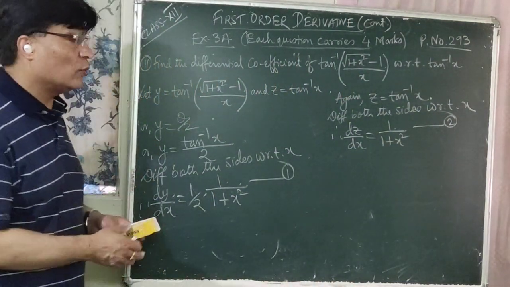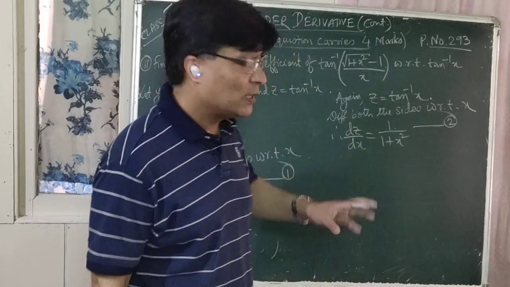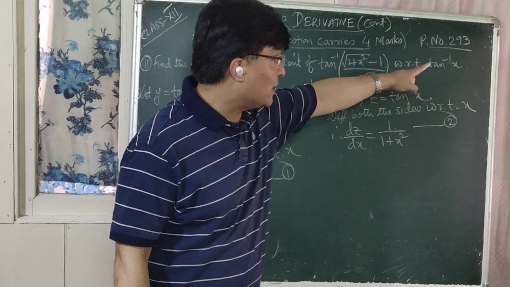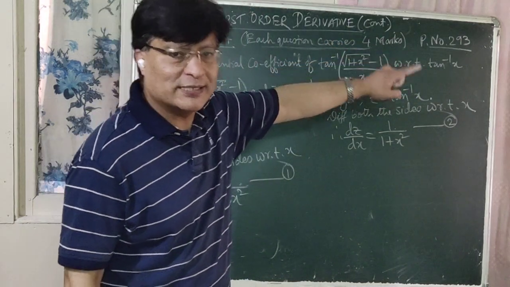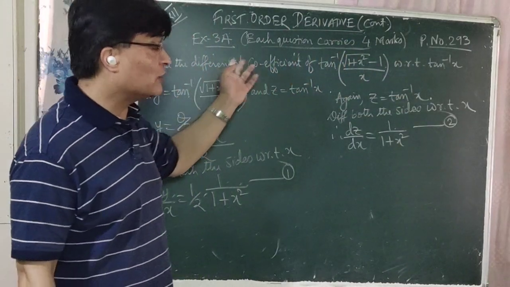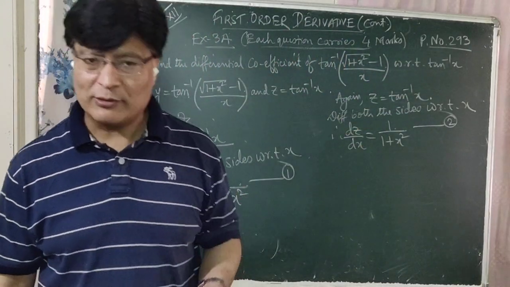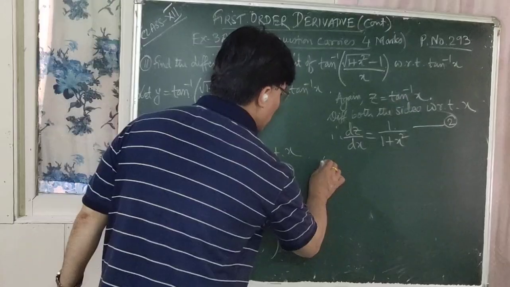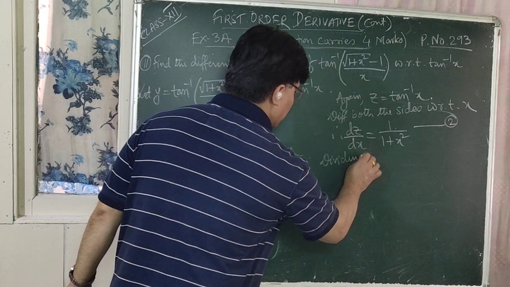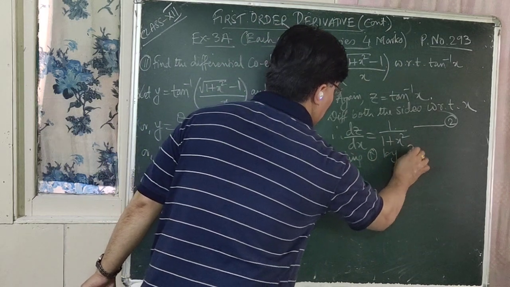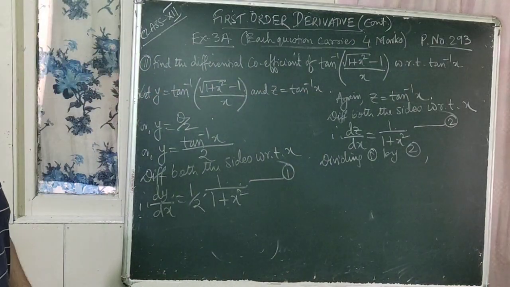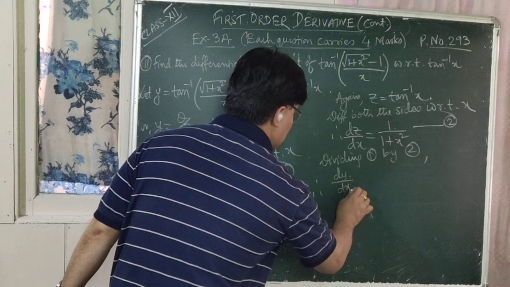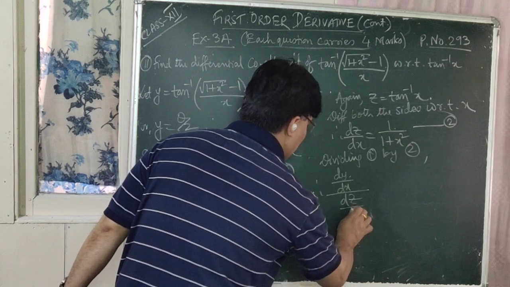But actually, we have to find out the value for dy by dz, because the first expression was assumed as y, and the second expression, that is tan inverse x, was assumed as z. That means find the differential coefficient of y with respect to z. That is, you have to calculate dy by dz. So dividing 1 by 2, we get dy by dx divided by dz by dx.